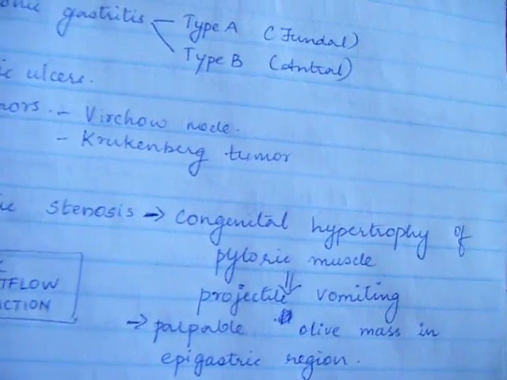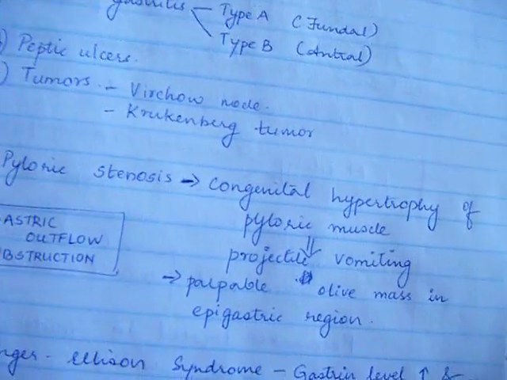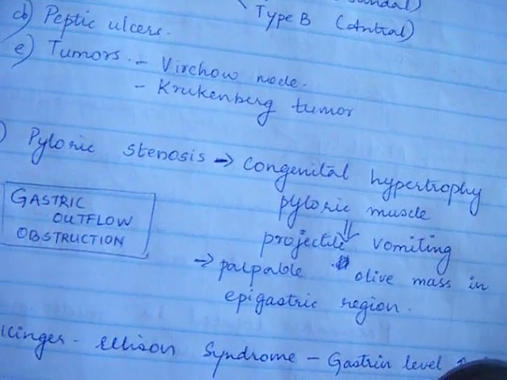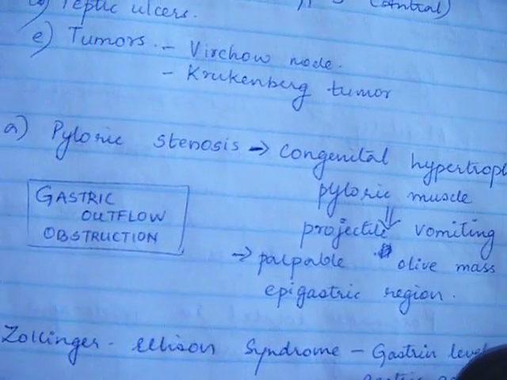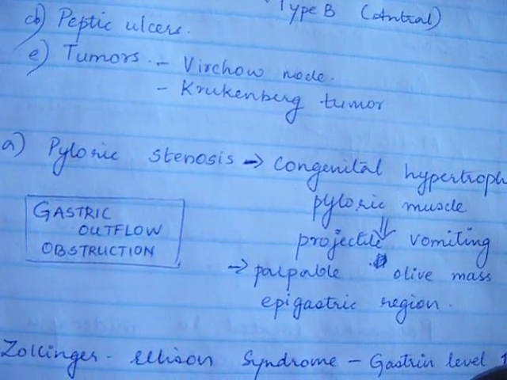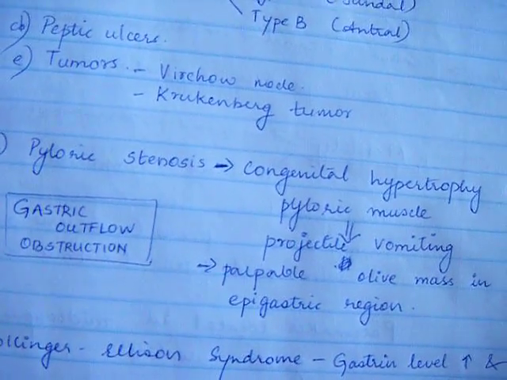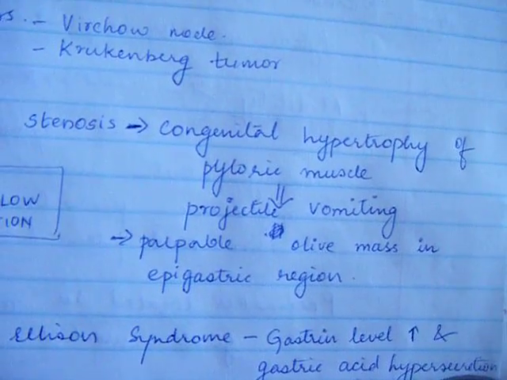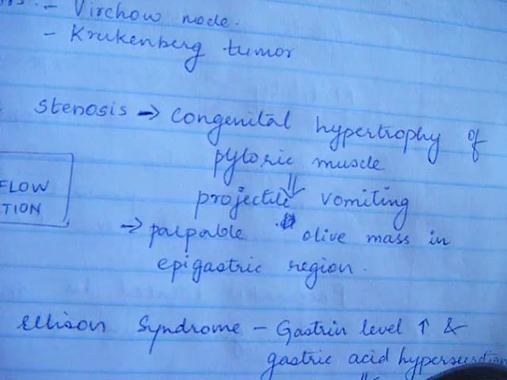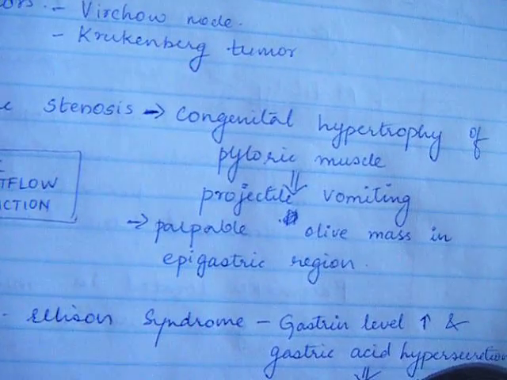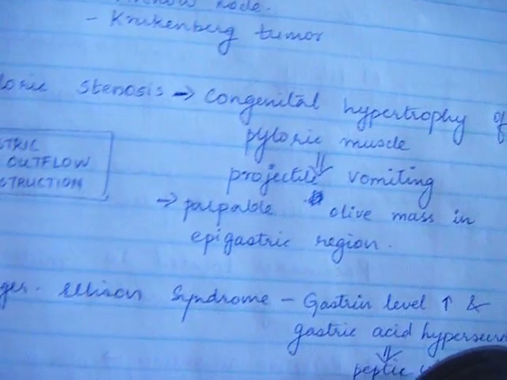So what happens is the sphincter is closed and therefore the gastric contents are not able to be emptied into the duodenum. So you can say it is a gastric outflow obstruction, and this will cause projectile vomiting in the infants. And when you palpate it, you can palpate an olive mass in the epigastric region.